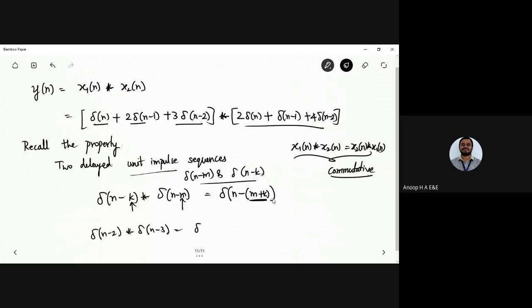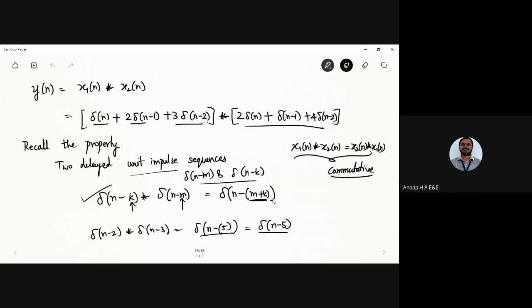As I told you in the previous class, that is n minus 2 plus 3, which is 5. Okay, so you might have a problem once you have delta of n plus 1, so you have to change it as minus of minus 1. So you are going to have delta of n minus 5. Okay, so this is a typical example from the previous class, and we are going to follow this property in finding the convolution of two signals.